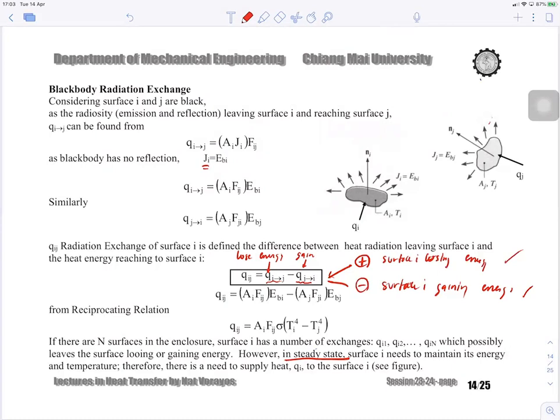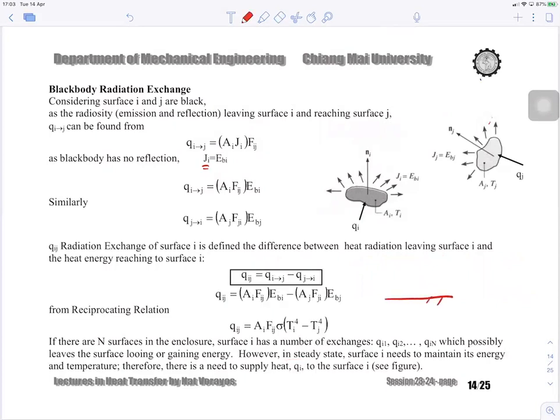So if you allow me to sum this up, you have surface i with Qi1, Qi2, Qi3, and so on to QiN, and each of them can be positive or negative. When they sum up, it can be either negative or positive.